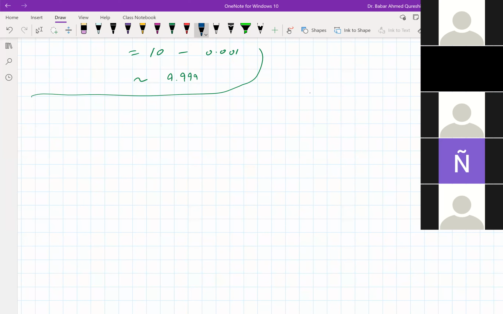Sir, can you also do some trigonometric examples like tan 46? Well, I just did a cosine example, so the tan one you can do yourself.